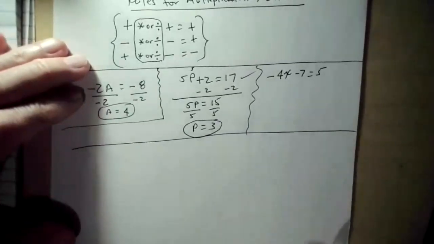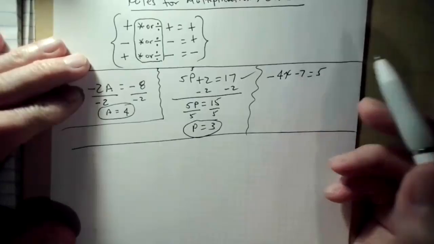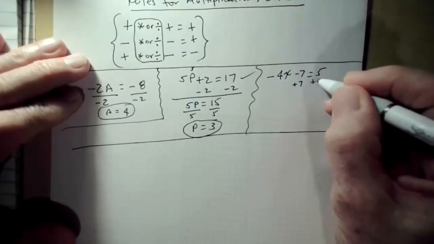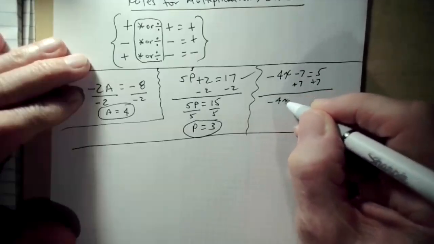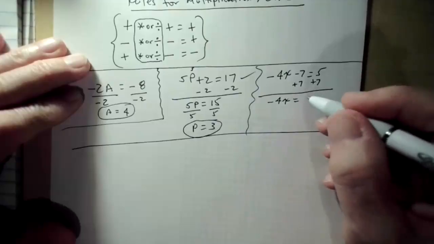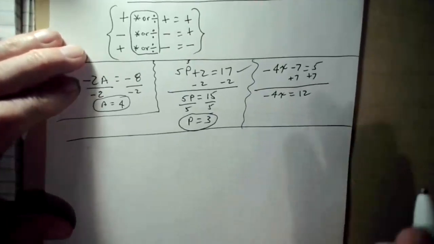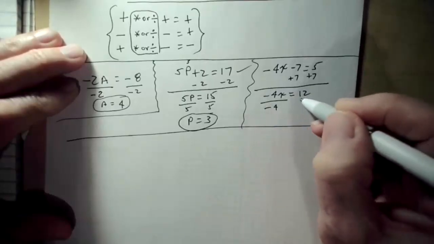Right, right. Now, first we get rid of addition, subtraction. So we're going to add 7 to each side. Negative 4x equals, what is it, 12? And now we divide by negative 4.